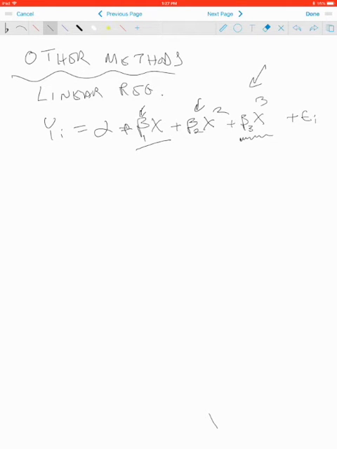Should the cubic term be included or not? So there become some other issues in terms of testing hypotheses about whether this term contributes anything. And normally what we do is we choose the simplest model to fit through some data. So there are some other issues involved in drawing up models that are more complex than the model for simple linear regression. So this is, as I said, polynomial regression.